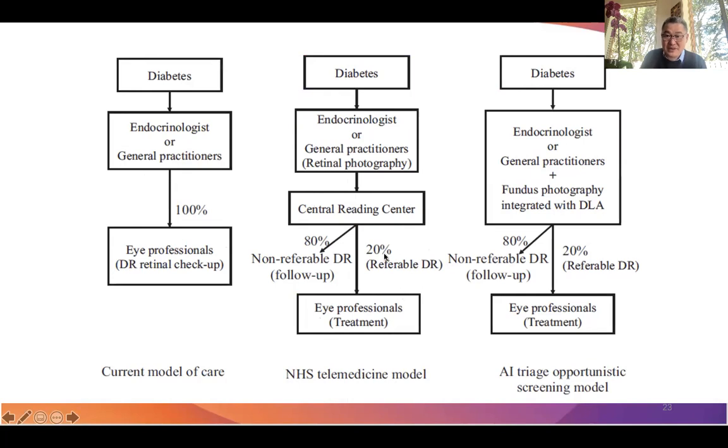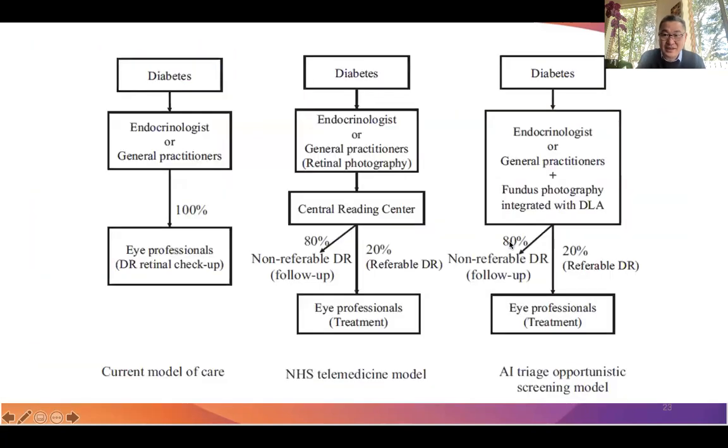But the problem is there is a significant delay in reporting, because you won't be able to get the report on the same day. So this AI algorithm is very helpful. You can receive the AI report on the same day for at least around 70 or 80% of patients.